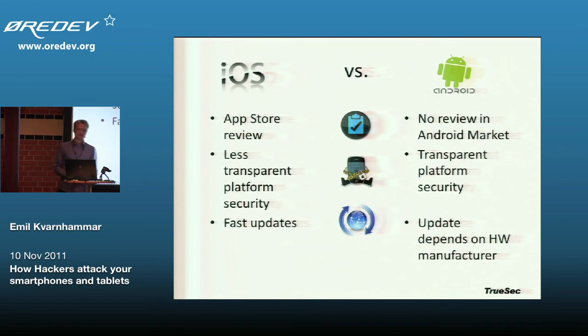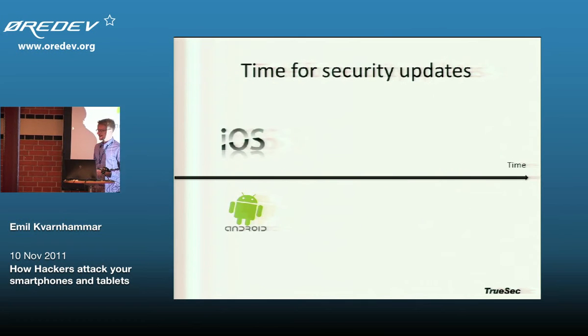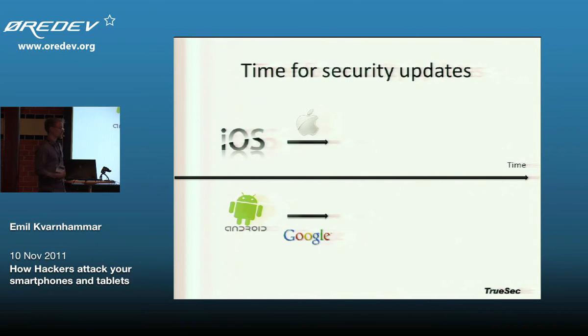And something that's really good about iOS is, of course, the rate of software updates. And in the same way, that's a problem for the Android platform. So looking at a typical security update, if a security issue is found in the software platform, what happens in both cases is that it's either Apple or Google that corrects the security issue normally.